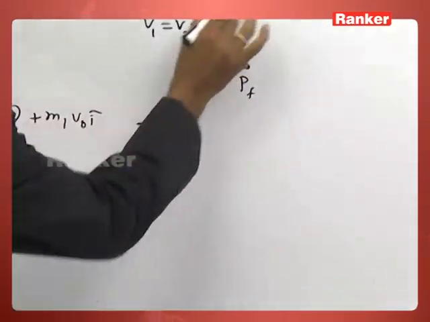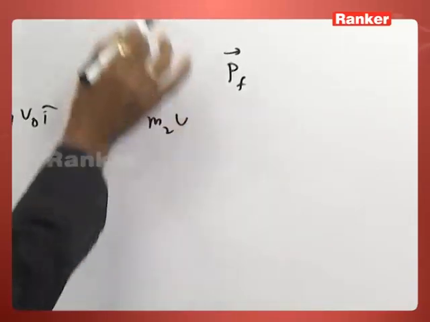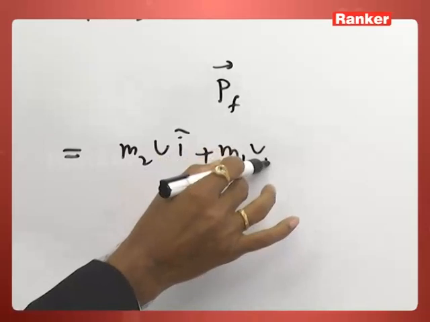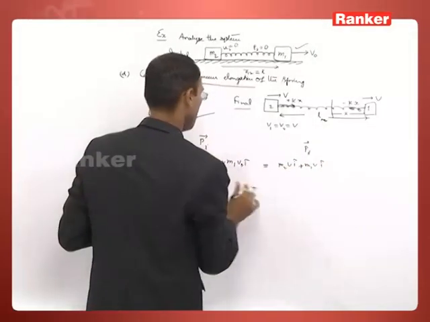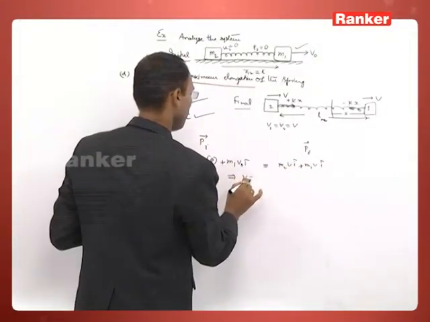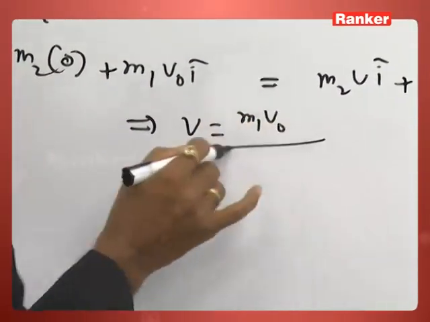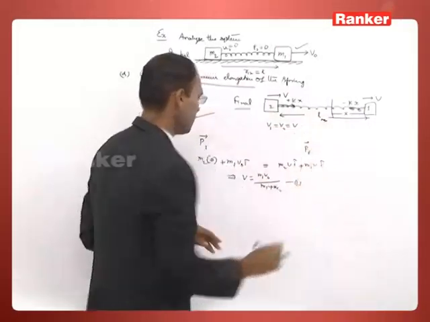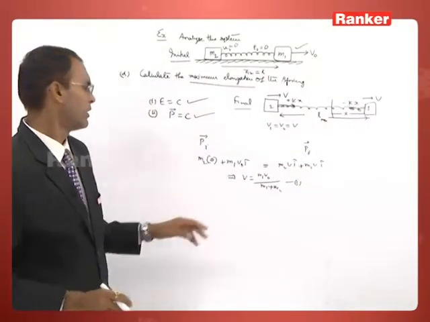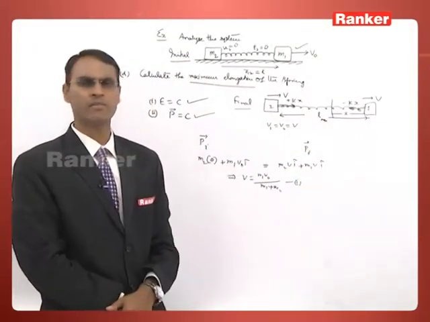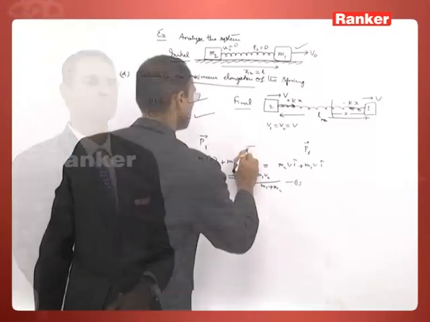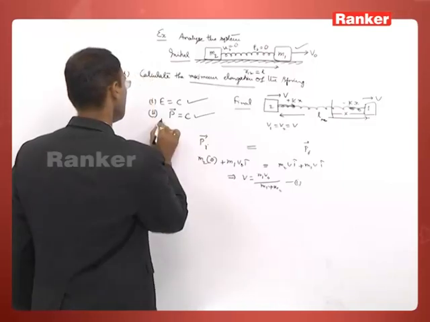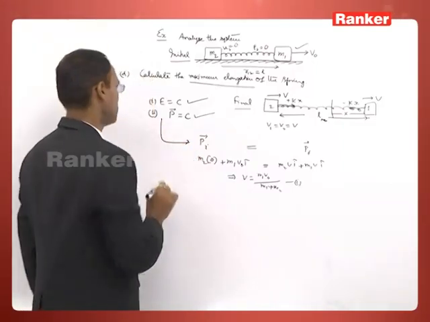Finally, the momentum is m2 into v i cap plus m1 into v i cap. This gives us v is equal to m1 v naught by m1 plus m2. This equation we are getting by conserving the momentum of the system. These two momenta are equal. This is the conservation of momentum.